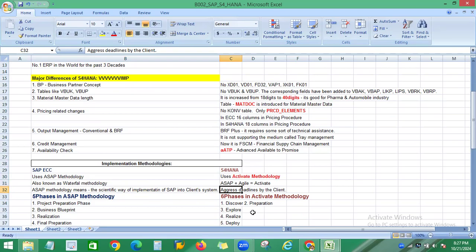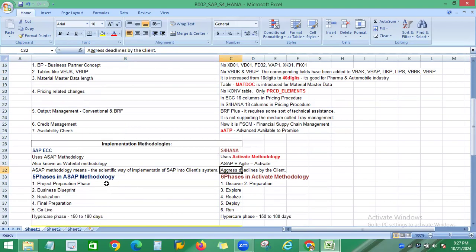We give a tentative date, or SLA, service level agreement, for when the development will be complete, and the client is very strict on that date. If we gave the development date as the 25th of October, then we have to complete that development by the 25th of October anyhow. So here the aggression is more.